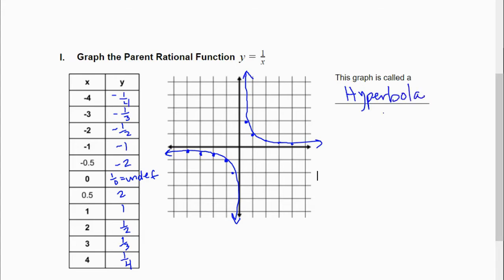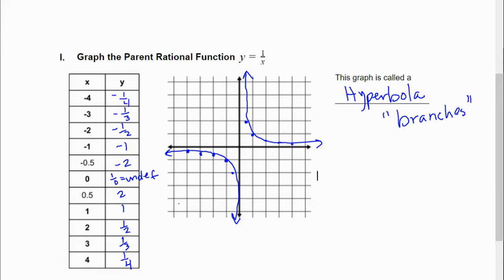Now, this particular parent function has 2 branches, but as you will find out later on, our rational function graphs could have several branches. And like I said, we'll talk more about that later on.